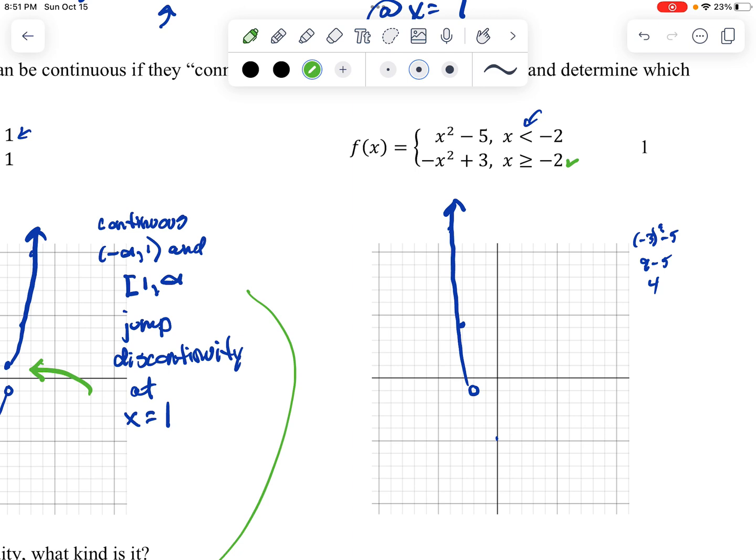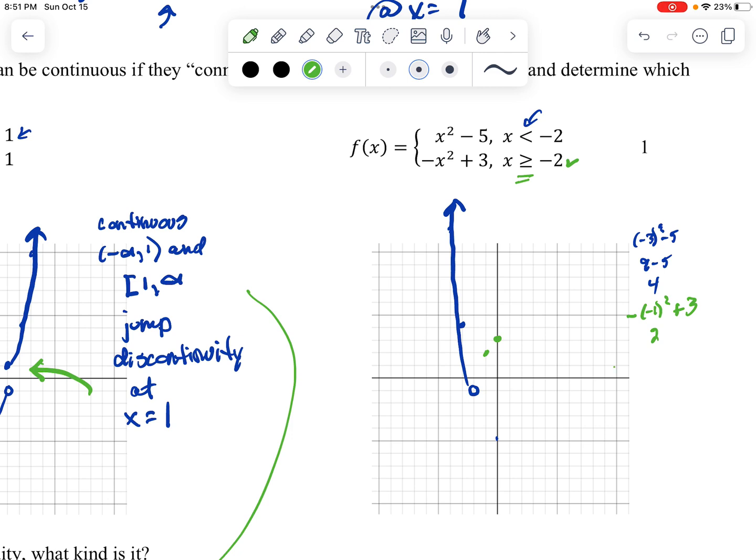Negative x squared plus 3. So negative x squared plus 3, if I put in 0, I'm at plus 3. But this goes from anything greater than negative 2. So let's put in negative 1. Negative 1 squared, and then you negate it and you add 3, gives me 2. So negative 1 gives me 2.